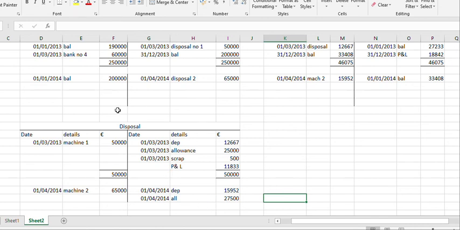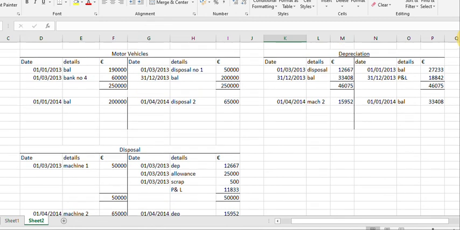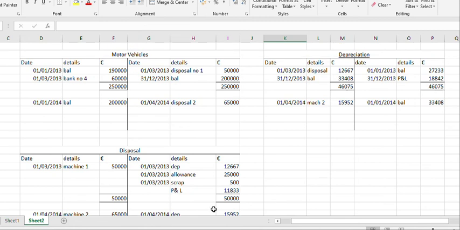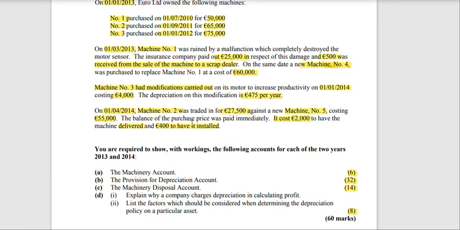From there, I'm going to go up to the machine account. So we disposed of machine number 2 and we bought a new machine costing 55,000. But it cost 2,000, remember, to have the machine delivered and 400 to have it installed. And sorry, I missed that there, we also had a new machine was bought in 2014, modifications were carried out on machine 3 which cost 4,000.